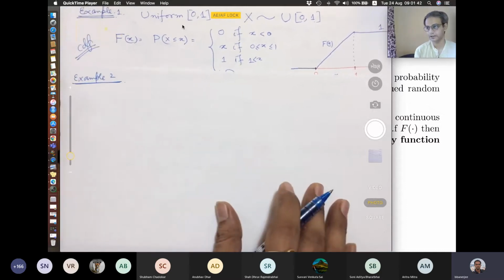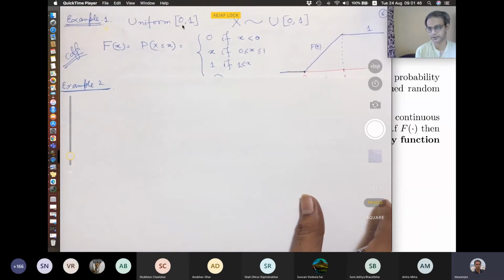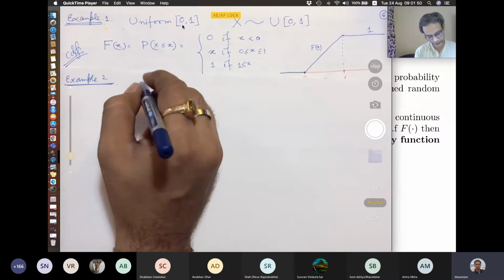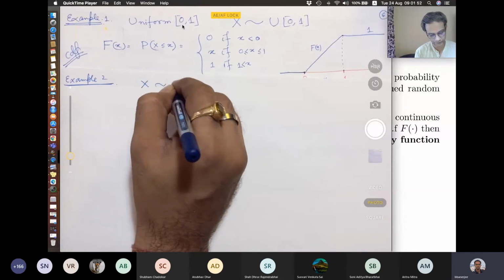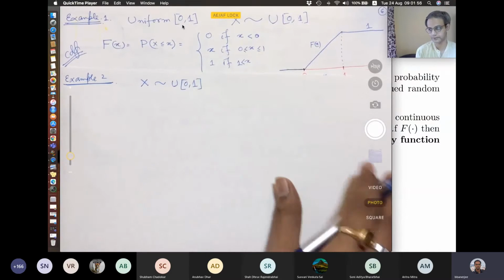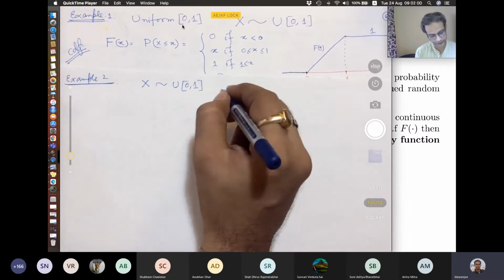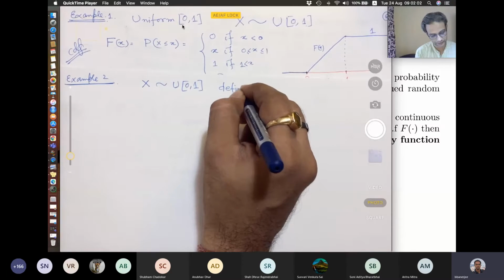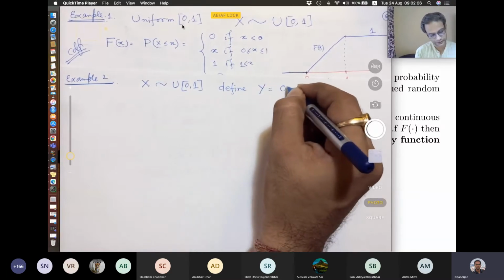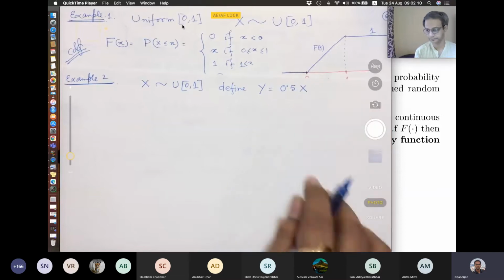As I have told, most simple functions of random variables are random variables. I am defining x following uniform 0, 1. You know its PDF and CDF well. Now I define y equals 0.5 times x. I can do that.